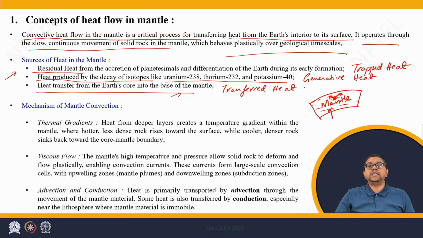Thus, if we consider this as the mantle, then we have the entrapped heat shown by dotted regions. We have generative heat which is occurring due to radioactive decay and the transferred heat from core to mantle. Now, the mechanism of mantle convection.